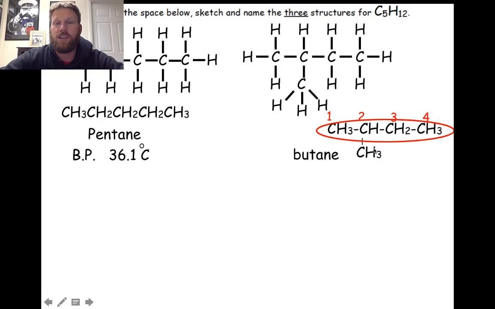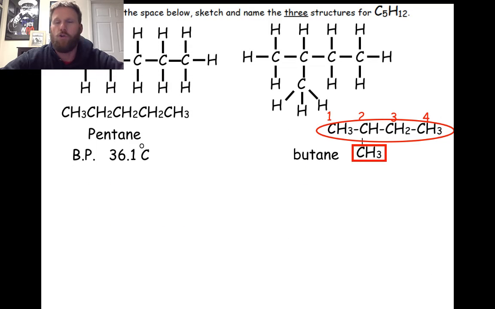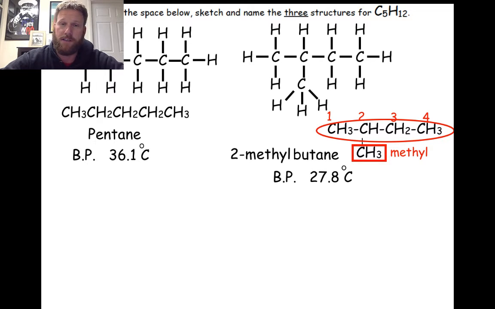You want to make sure you get the lowest numbers. So I'm going to number it left to right again. If we look up the branch, once again on the bottom half of the hydrocarbon handout, a methyl group is 1 carbon long. So this is 2-methyl butane, boiling point of 27.8 degrees Celsius.